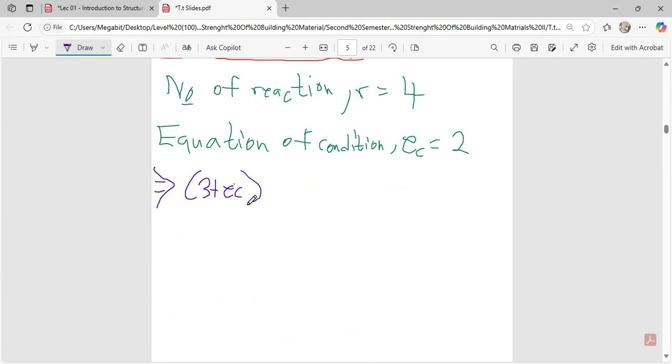This is the constant we are going to be comparing to our R. The R is a constant on its own, and the 3 plus EC is also a constant formula on its own. So if you find EC in the question, you have to apply this rule. Because we have seen EC, that is why we are applying this rule. So we have to add the constant to the EC. And if we add 3 plus 2, what are you going to get? We are going to get 5.